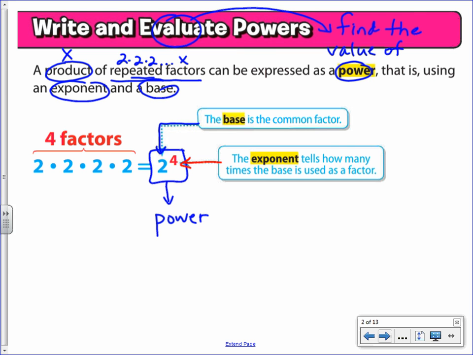So the exponent tells us that there's 4 factors in this power, and the base tells us that 2 is our repeated factor. So over here, we have 4 factors, 2 times 2 times 2 times 2. This is our base, and there's 4 of them, as the exponent tells us to. Again, the base with the exponent together are called a power.